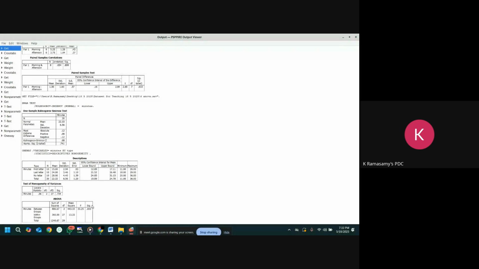Fine. So what I have found out? There is a significant difference among these three groups of people. But we are not able to find out, of these three groups, which groups are really responsible for this change. Whether all the three pairs are equally responsible or only two pairs are responsible.